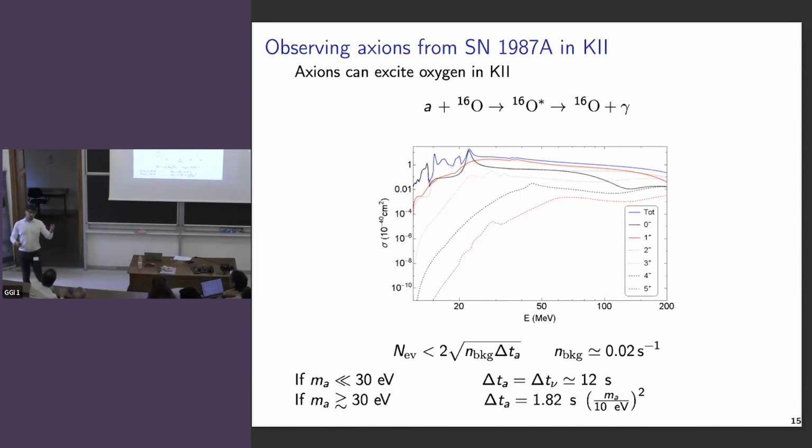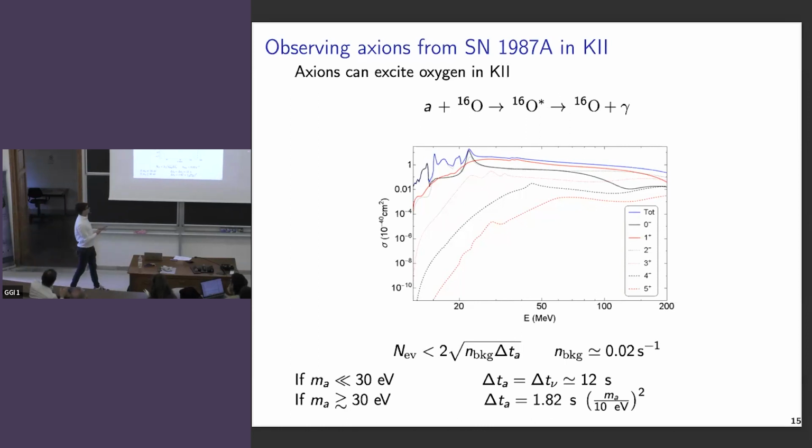So if one assumes that the 12 events observed in Kamiokande II were related to neutrinos, the presence of axions would have induced a large fluctuation of the background, which is a Poissonian process. And so in order to place a bound on the parameter space, one can impose that the number of events must be lower than the fluctuation of the background.